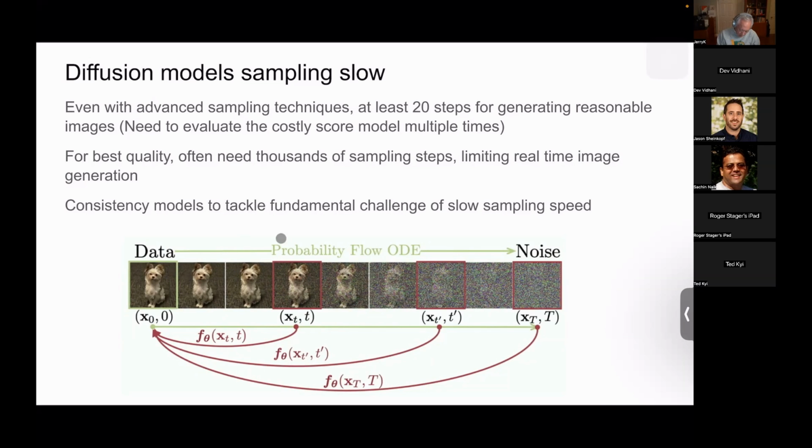Your data points are limited, but your noise space is covering the whole space. So for any noise, will I always get a sample from the original data? Well, it will try to go back to the original data distribution, but it will be approximately in the space of the original data.